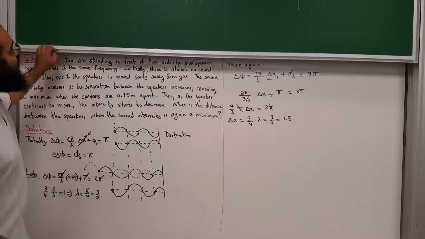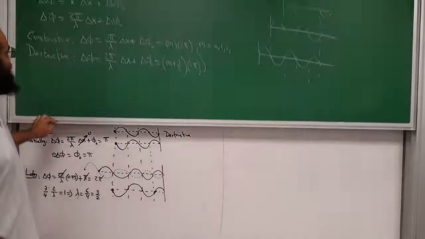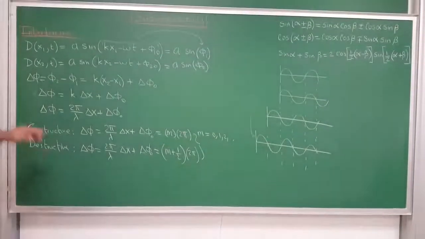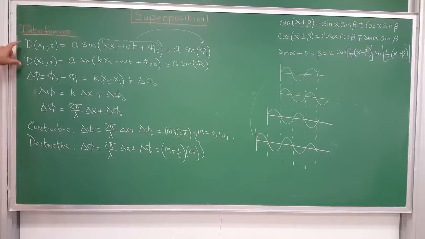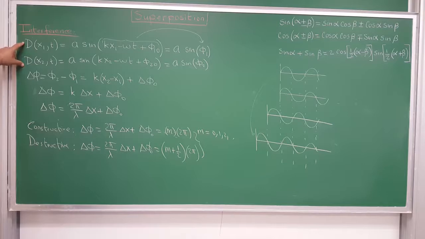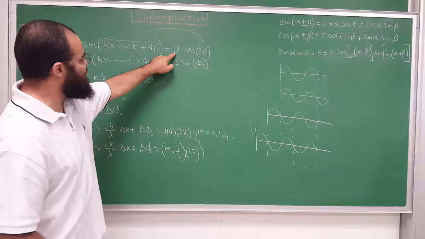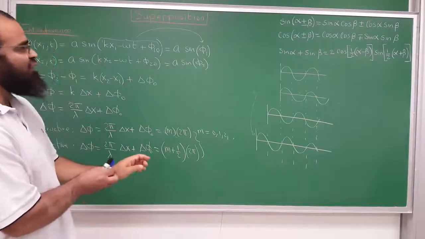So now, next, I would like to get back to this formula. I want to add these two things here, namely this function plus this function, and see what I get.